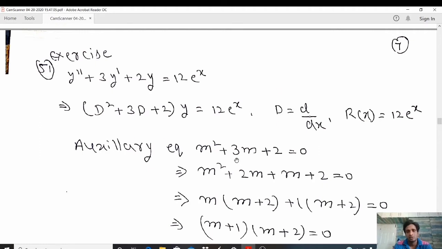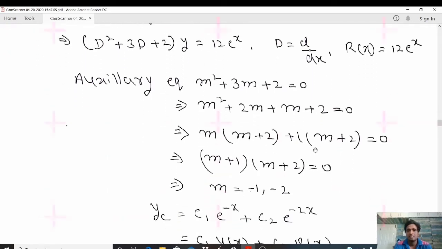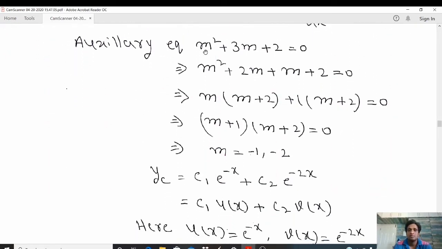This is m square plus 3m plus 2 is equal to 0. Now if you factorize this equation, we have to write 3m as a sum of two terms whose sum is 3m and whose product is 2m square.